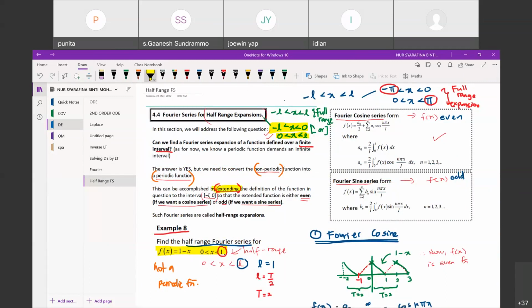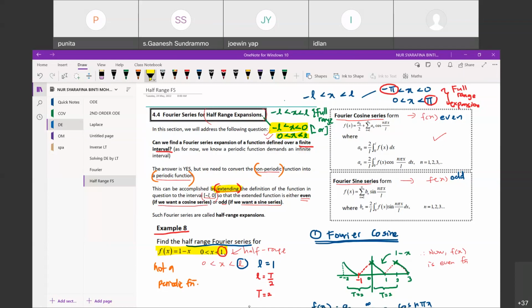So, for Fourier half range, initially the function is not given as a periodic function. We can change it to a periodic function by doing some extension to the function, where the function can be extended to cosine or sine.